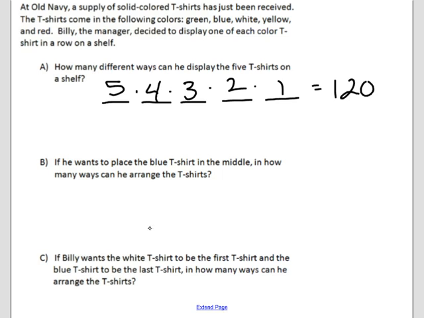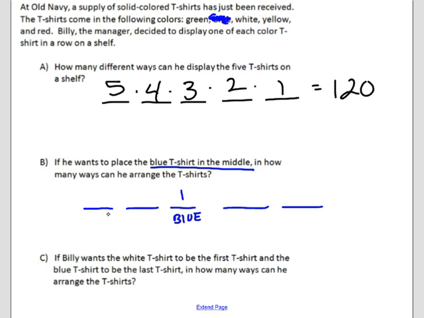Now this time, Billy, as the manager, has this power apparently, and he can choose that he wants to put the blue t-shirts in the middle. This one is locked in. This one is going to be blue. So if you think about this, how many choices does he have? He only has 1 choice here. It's blue. That's it. Just 1 choice. Okay, so blue is taken care of.